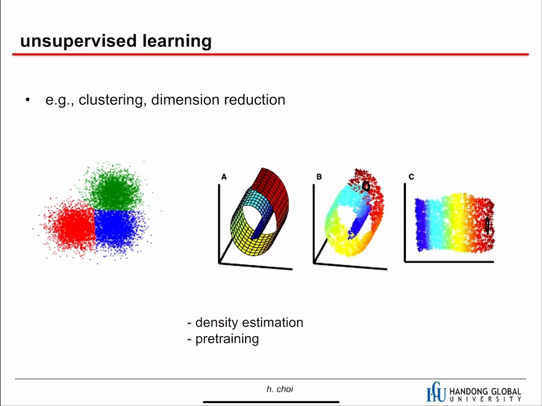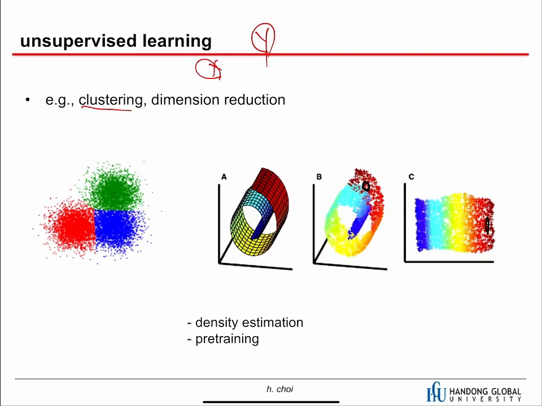Okay, first, unsupervised learning. As I said, in unsupervised learning we don't have y. We have only input, we don't have label. Then what can we do only with x without y? Clustering is one of the most popular examples of unsupervised learning. Given some samples, we want to categorize these samples.